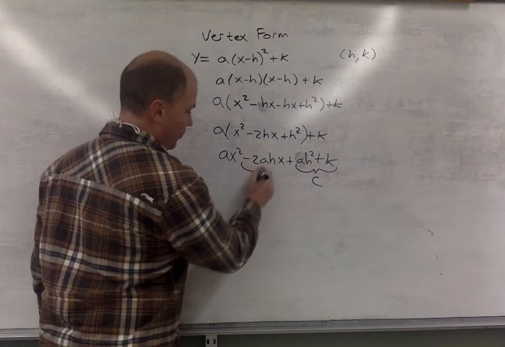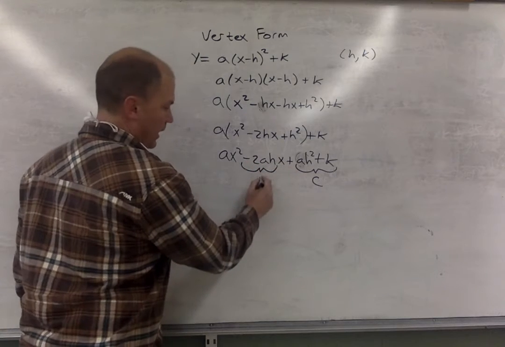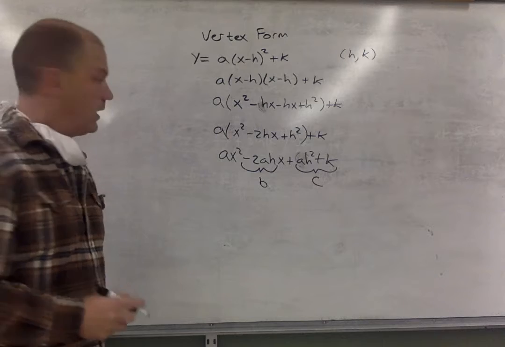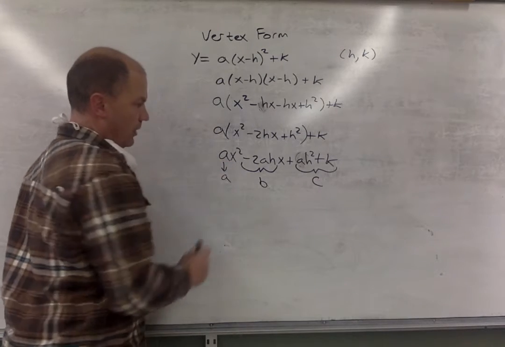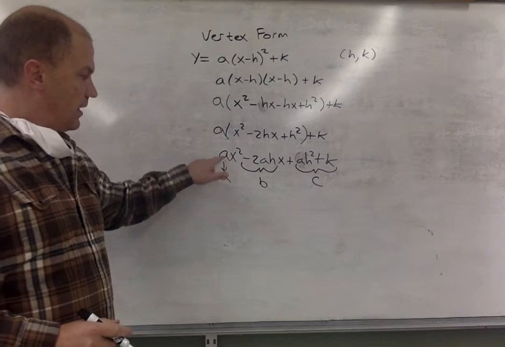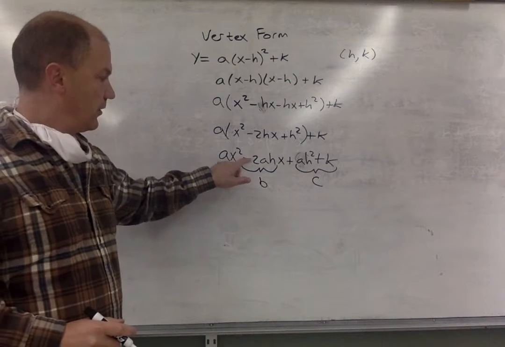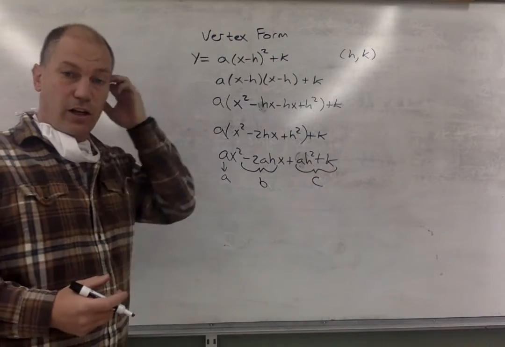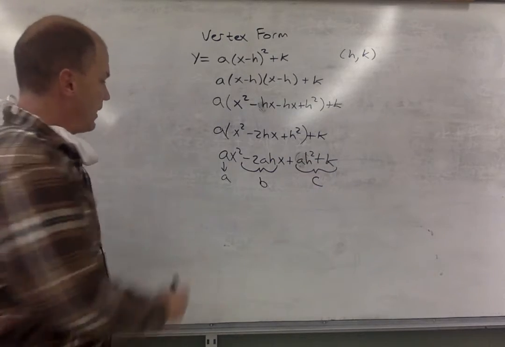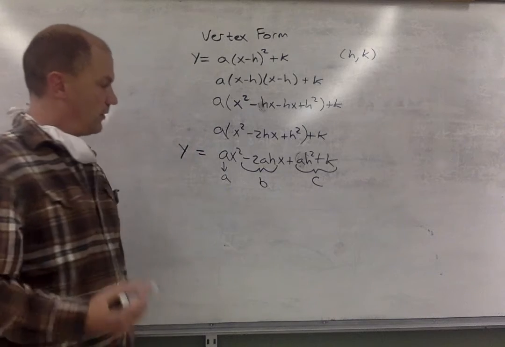This negative 2ah would be our b term, and a is still just our normal a term. So this is something x squared minus something else x plus something else, a constant. So this is back to the same form that we've been working with since the beginning.